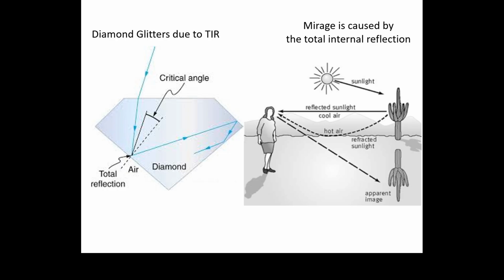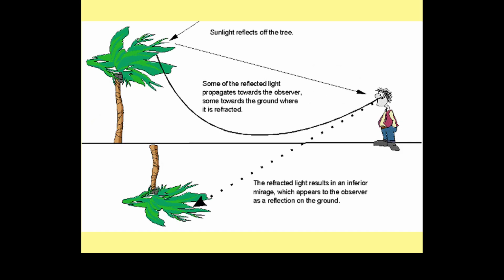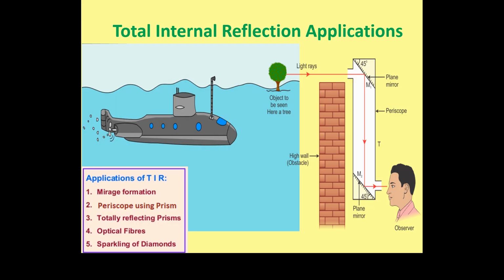So from different layers, the TIR goes on in such a way that it reflects back into the same medium. And if you extend the ray, that ray gives the image of the object. So that is apparently appearing as an image. This is the same concept with a different image.